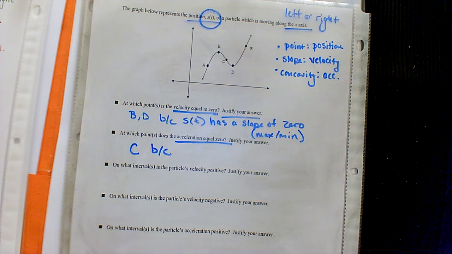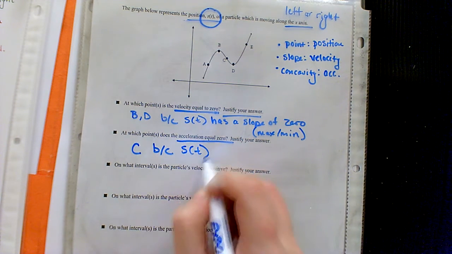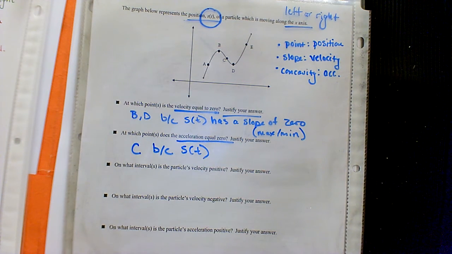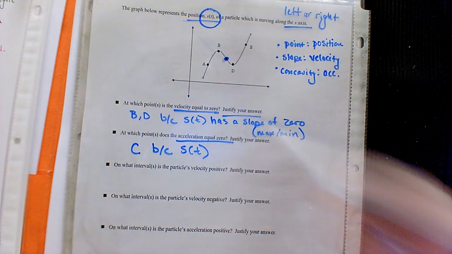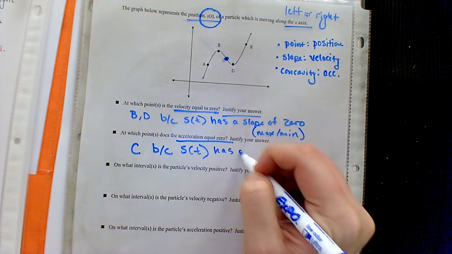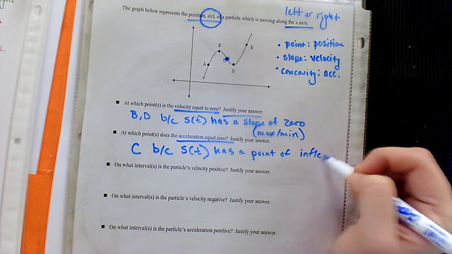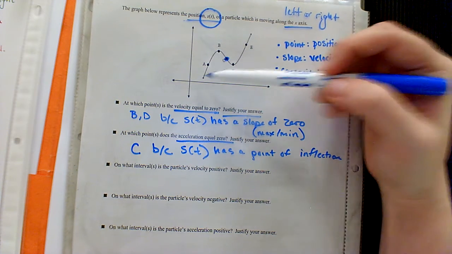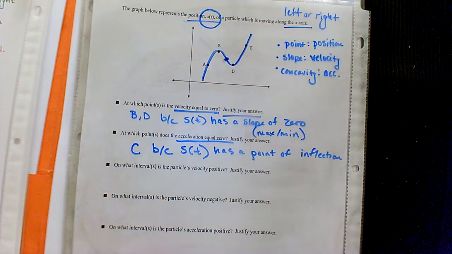ACE. You're going for the ACE. Why C? Because S of t, what's special about this point? S of t has a point of inflection. Notice how if you trace the graph before that, it's concave down, and then after that it's concave up.